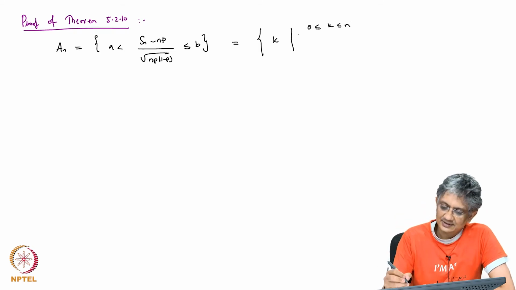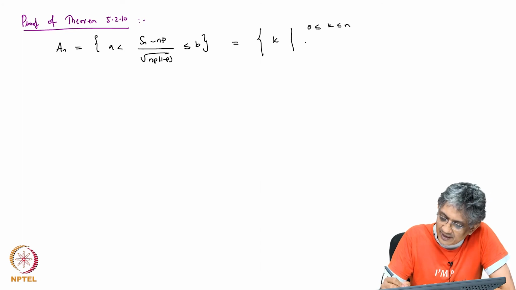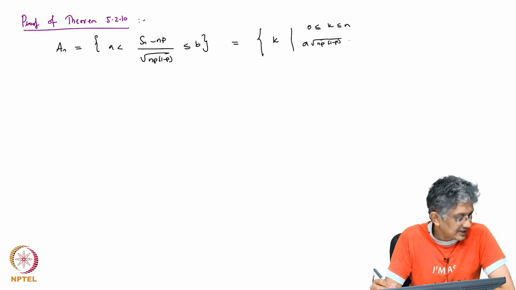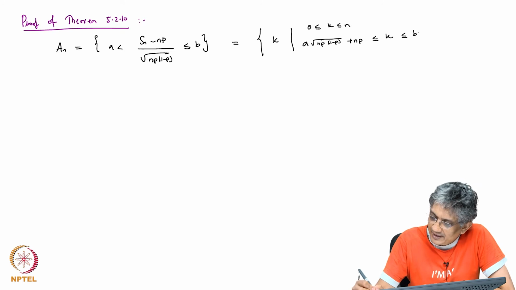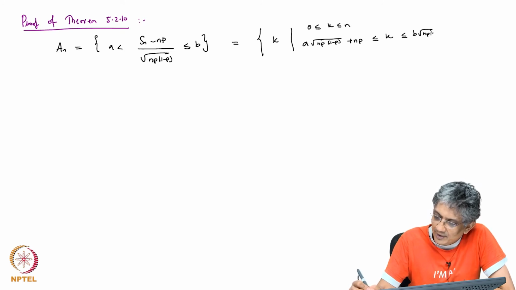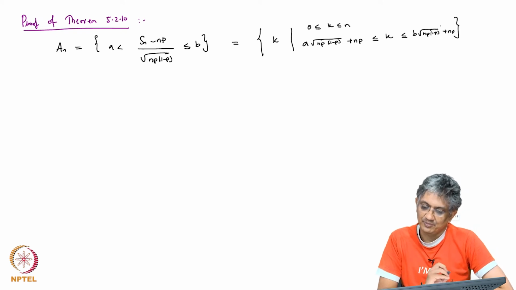I'll rewrite this expression a little differently: A times the square root of Np(1 minus p), plus Np, is less than or equal to k, is less than or equal to b times the square root of Np(1 minus p), plus Np. So I've just rewritten the event in terms of k, which I can handle properly.